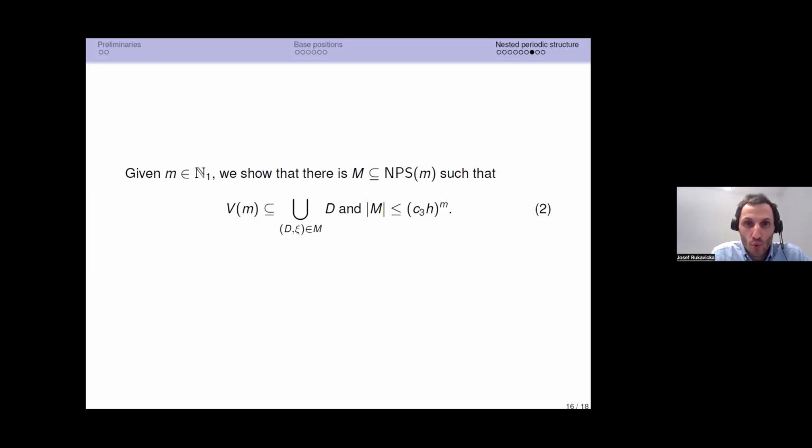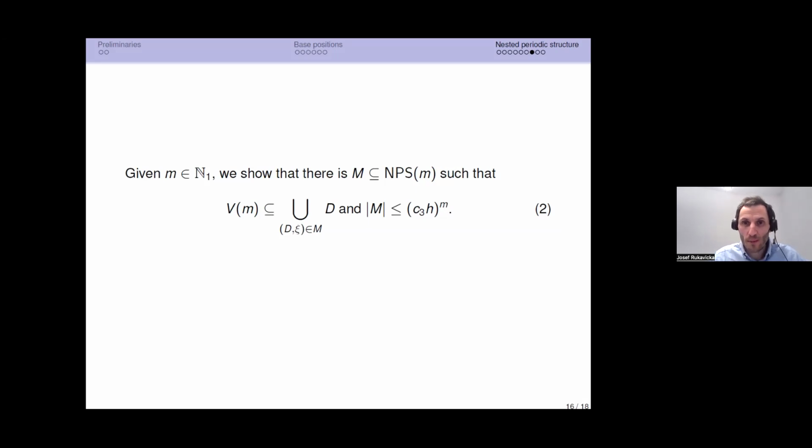And I show that all the positions that can be achieved by the concatenation of m periodic palindromes are a subset of some bounded number of nested periodic structures of degree m. The bound is here. It is the constant C3 multiplied by h powered to m. This is the bound for the number of nested periodic structures.